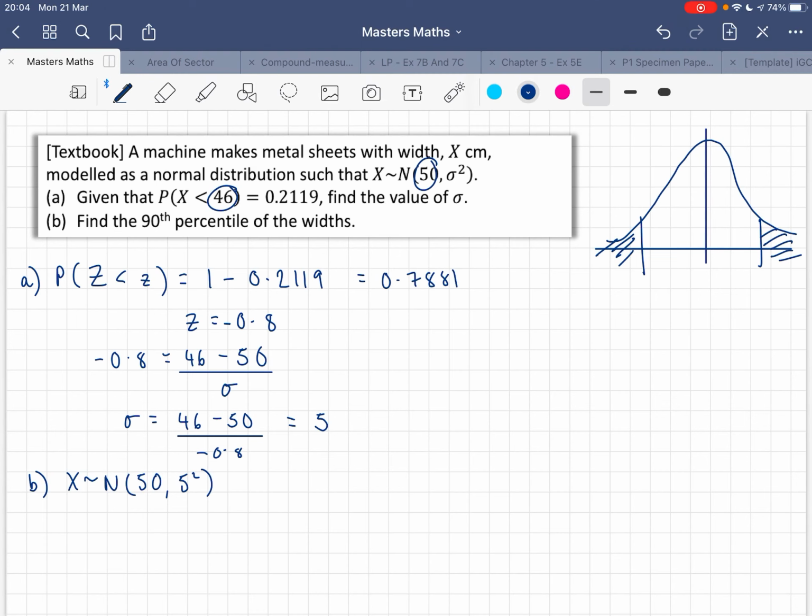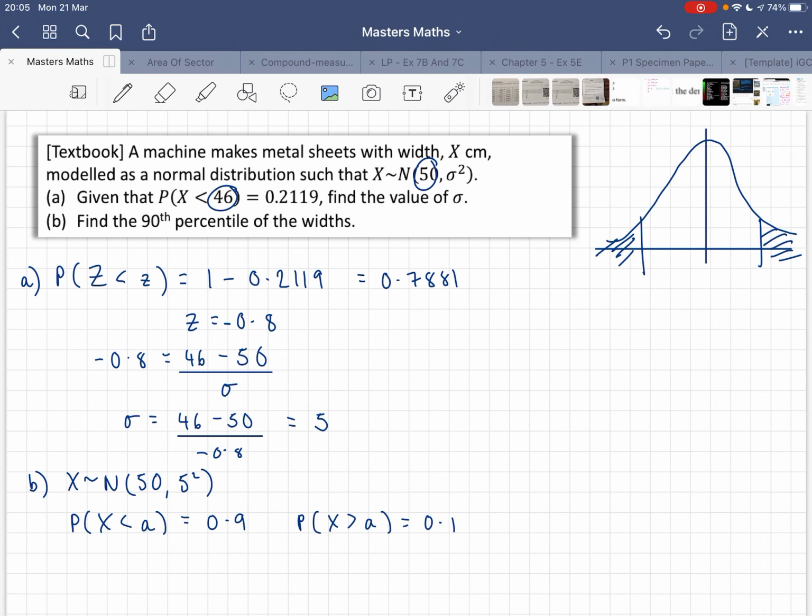So 90th percentile means I'm looking for the probability that X is less than A is equal to 0.9. I can use the percentage point tables here because if the probability that X is less than A is 0.9, the probability that X is greater than A is 0.1, which I can find in the percentage point table.